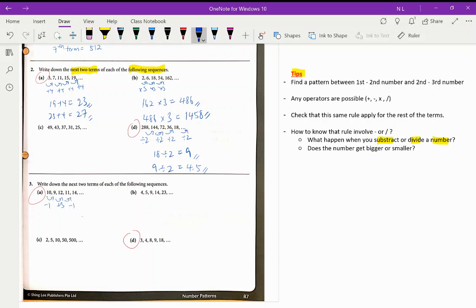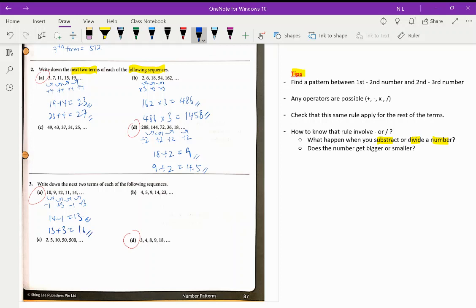From the fourth term to the fifth term, it's plus 3. So do you see any pattern? I believe you did. So for the next two terms, you will have to restart from minus 1. So 14 minus 1 is 13. And the seventh term will be 13 plus 3, which is 16.